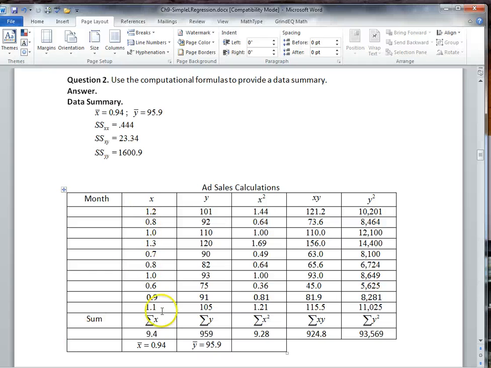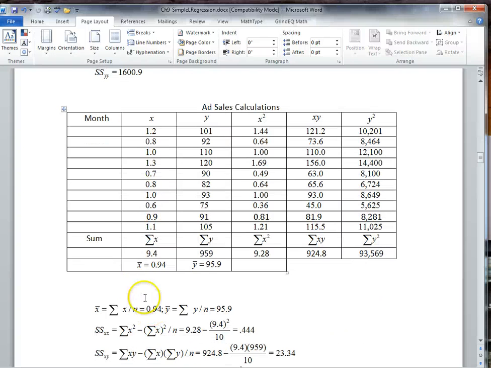So if I sum all of these, what I have here is the sum of all x values, sum of all y values, sum of all x squared values. This is the sum of xy, and that's the sum of y squared values, and those are the totals here. So I can get x bar, the total divided by n, is 0.94, and y bar is 95.9.